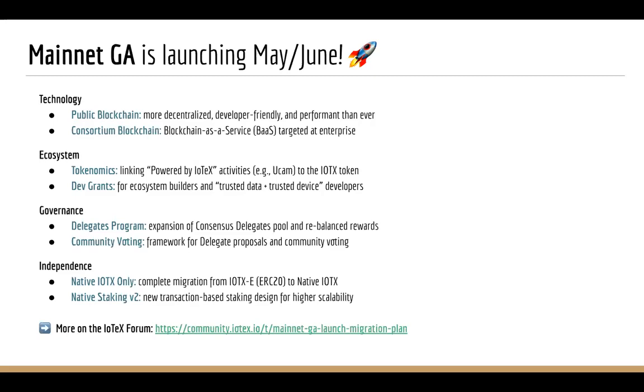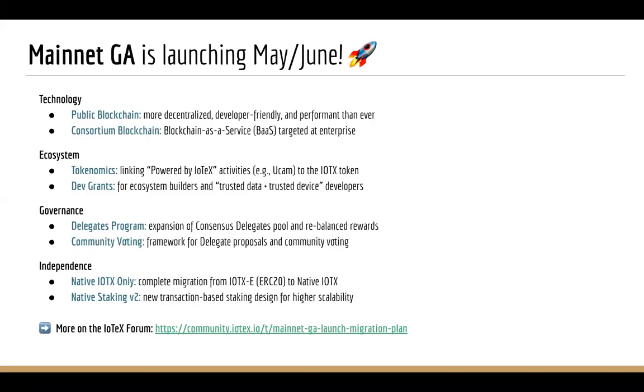What we're trying to do is parameterize some of these things so that they can be adjusted based on community votes and delegate proposals in the future. So the IoTeX Foundation plans to make a proposal as far as refined balancing of rewards, but ultimately those would be discussed with delegates and also voted by the community. So some things to expect on the governance side there.